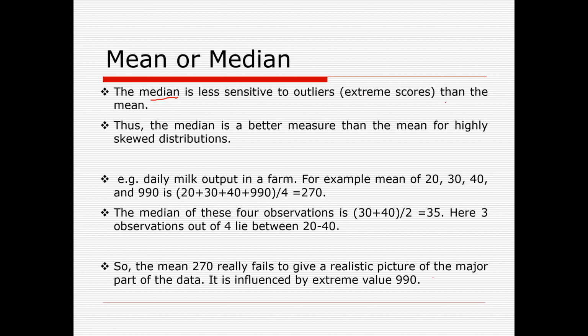But the mean is usually affected by extreme values. So when you have a very skewed distribution, look at that second statement: our median is the best measure of central tendency rather than the mean.